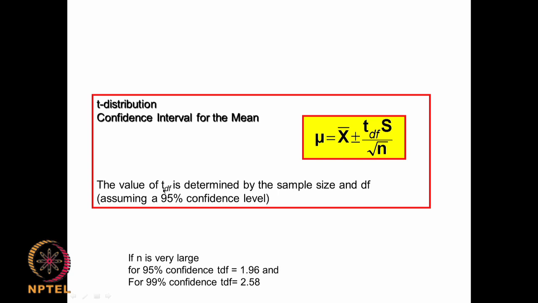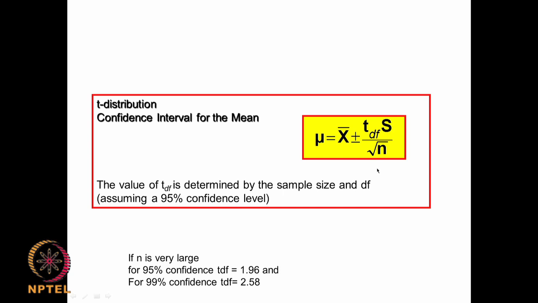As I said, it is impossible to get the population. We can only get a sample, and from the sample we make an estimate of the population values. That is why instead of 2 and 3, it became 1.96 and 2.58. So, if I have a small sample and I get a mean and a standard deviation, I can get a confidence interval for the population mean using this formula.